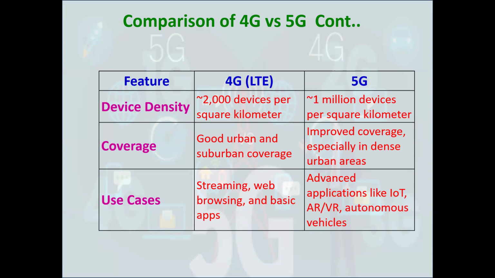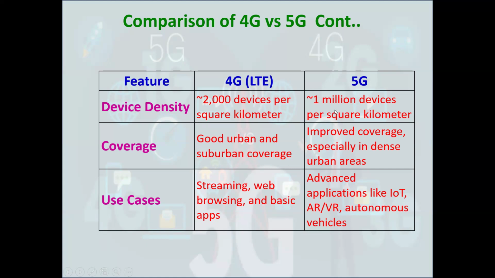4G networks can support up to 2000 devices per square meter, and the density is generally sufficient for urban environments but may struggle in highly congested areas or during peak usage times.